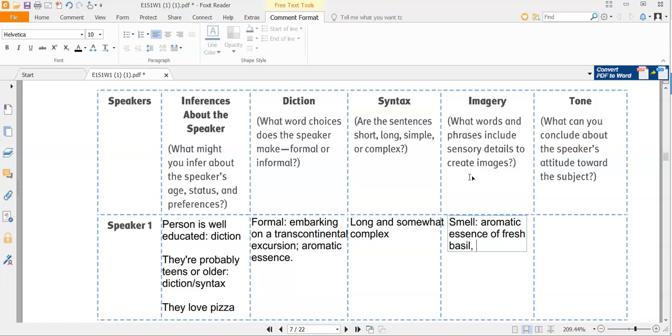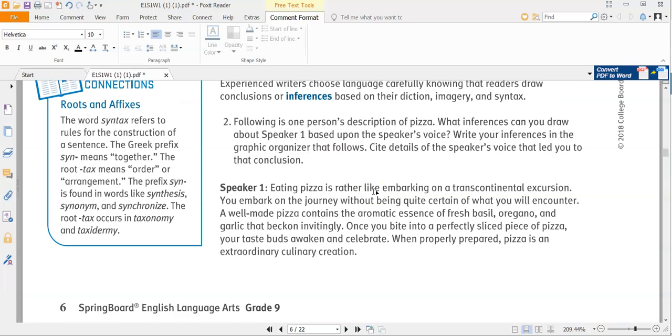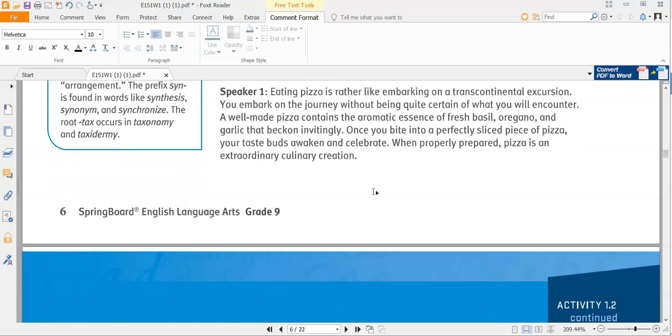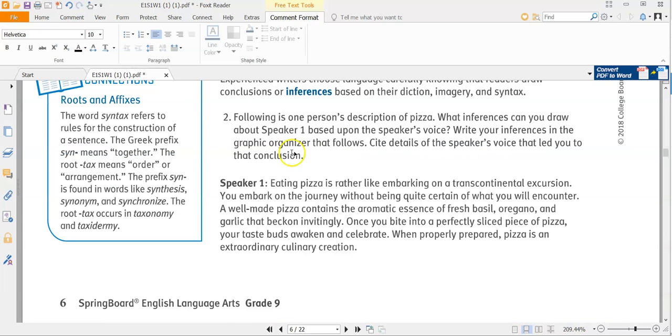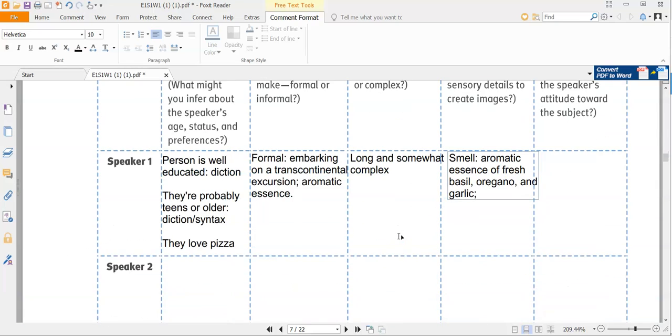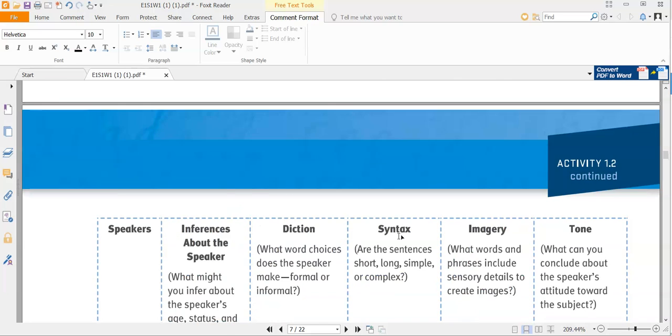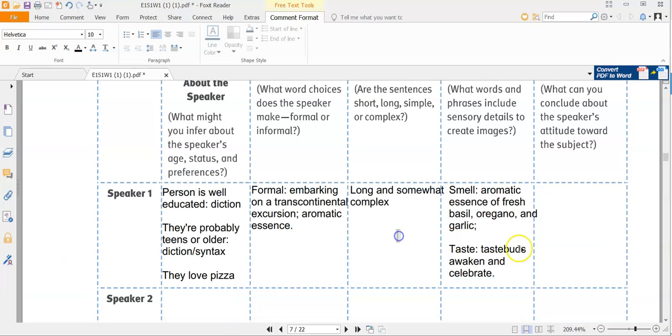Fresh basil, oregano, and I think it was garlic, maybe? Yep. It also uses, once you bite into a perfectly sliced piece of pizza, your taste buds awaken and celebrate. So it describes taste. Oh, that's 2 words, not 1. Okay.